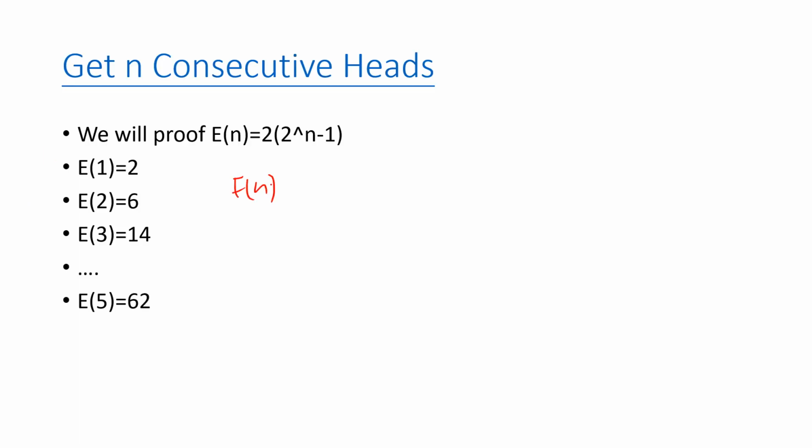So E of n has different kinds of situations. The first situation is that you fail at the first toss. That contributes a half, because in the beginning you get a tail, so you fail and waste one toss.